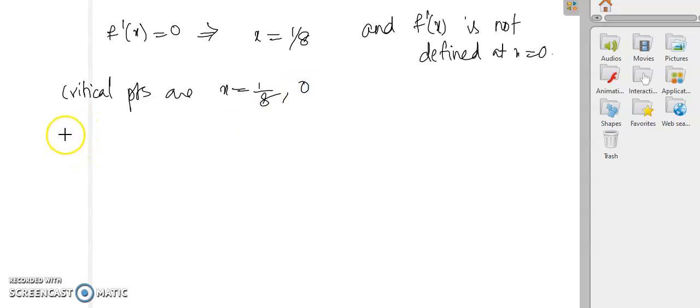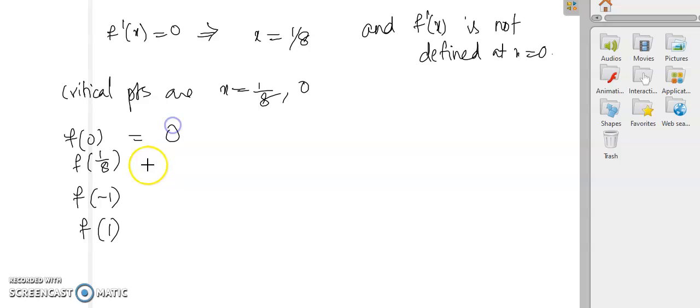So now let us evaluate the function at 0, 1/8, and the endpoints −1 and 1. Three points we can evaluate. At 0 it will be 0. At 1/8 it will be 6 × (1/8)^(4/3) − 3 × (1/8)^(1/3).